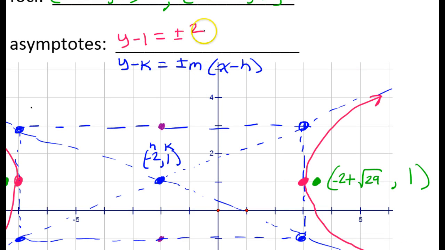So I'm going to put plus or minus 2/5. And then I will have x, and here comes the h value. I'm going to put x plus 2 as I do the opposite of this. This equation really represents both asymptotes because of the plus or minus. Positive 2/5 is the asymptote with the positive slope. Negative 2/5 is the downward sloping asymptote.